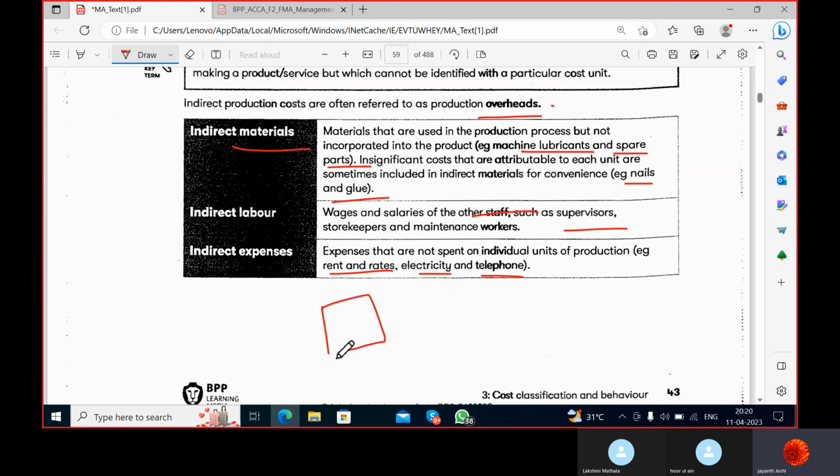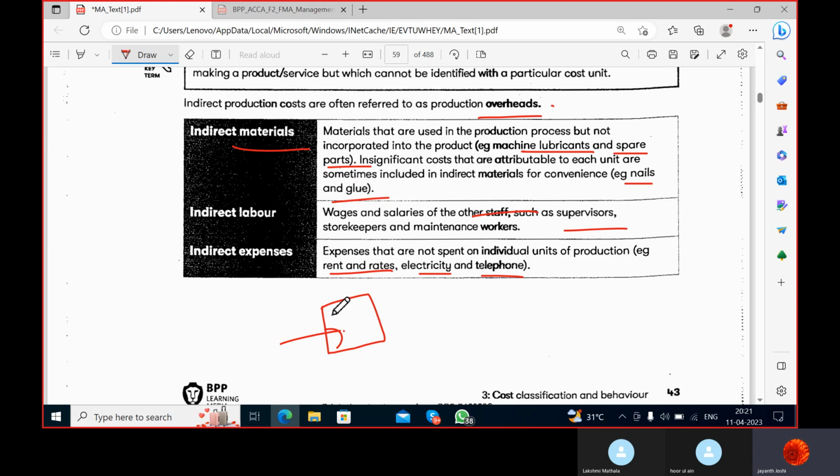Electricity can be taken in two ways. If I am using that electricity totally on machinery, which is used for the production process, just a second, I try to differentiate this. Electricity, actually it's an indirect cost.